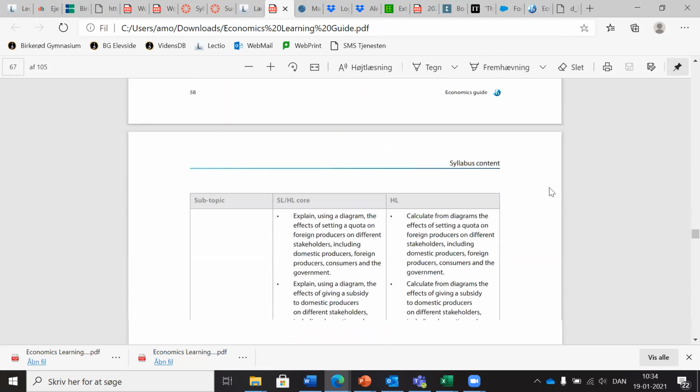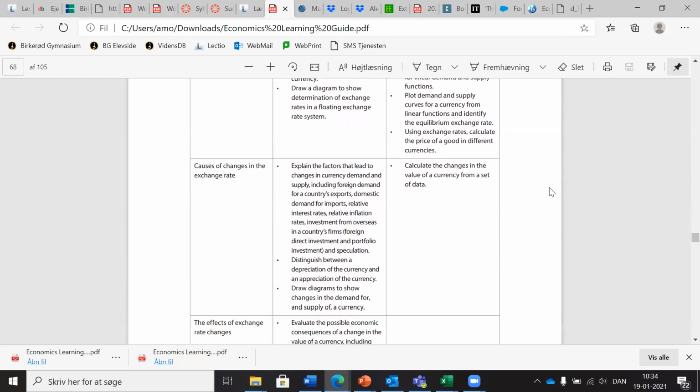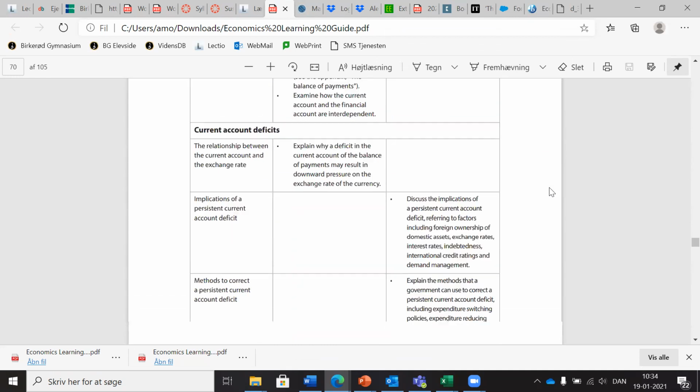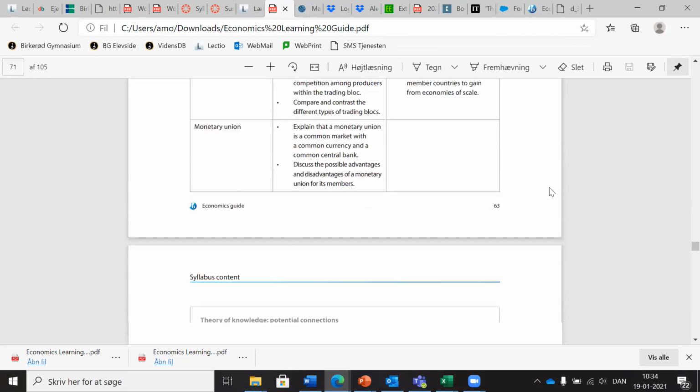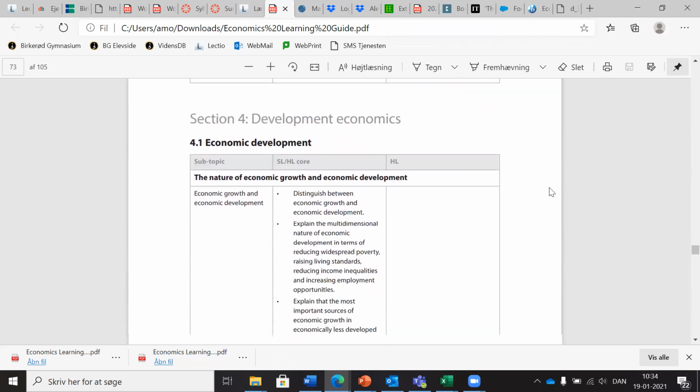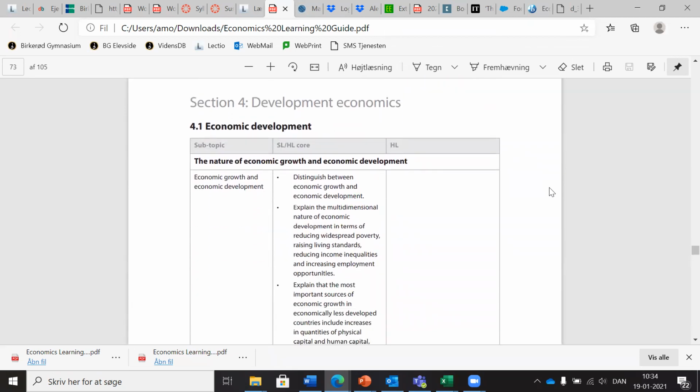Remember, development is closely related to macroeconomics, the tools that we use in macro and also the PPCs. That is our diagrams we use in development economics.